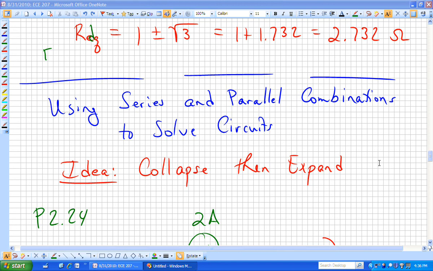V3, right? It's easy, so it's hard. All of V3 is dropped across R sub 5 bar. So this is then V sub 3 divided by R sub 5 bar. Does that make sense?